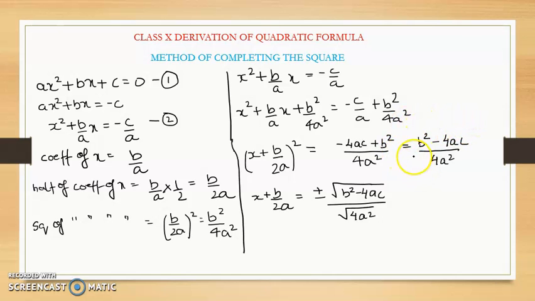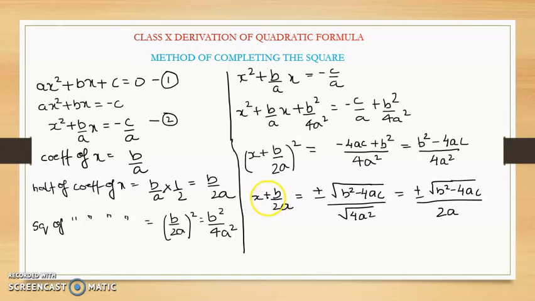The square root is divided in numerator and denominator. Square root of 4a square will give me 2a.